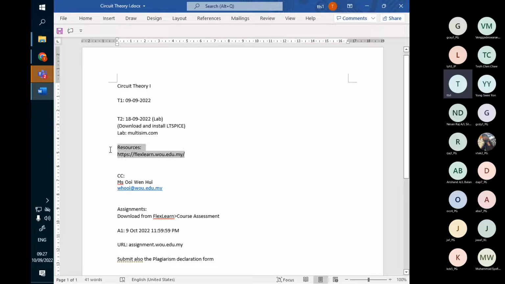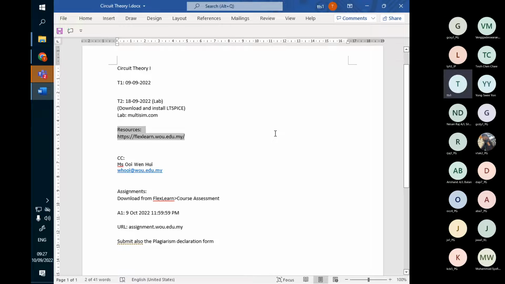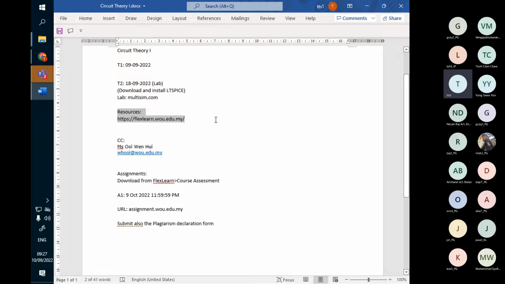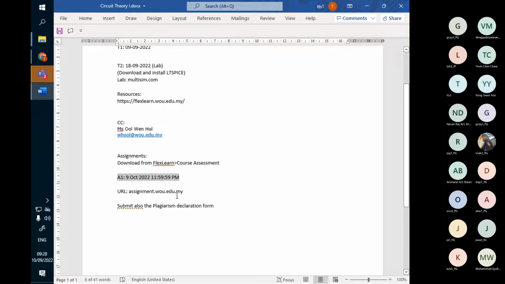The resources for the newcomers, the URL to look for all the resources. The contact details for our CC. Where to download the assignment, the due date for the first assignment, and the submission URL.